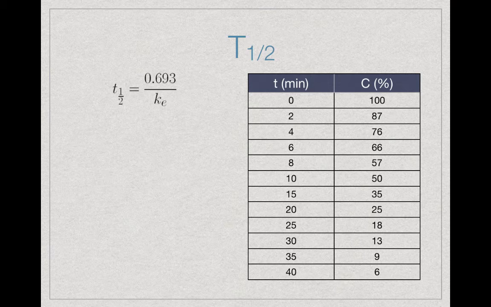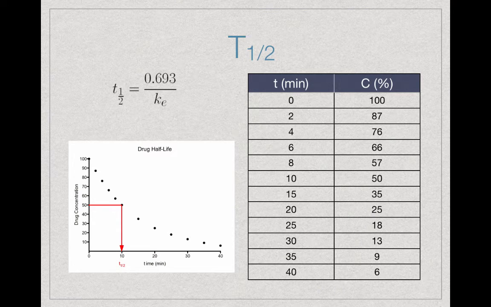All right, so here's how I would solve it. Well, first, this is a really easy example. Just by knowing the definition of T1/2, you can go where the concentration is 50% and you know that the time is 10 minutes. But for more complex examples, what you would do is plot the time on the x-axis, drug concentration on the y-axis, and then you can solve the exponential equation.